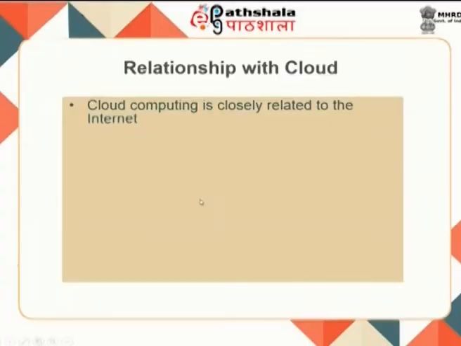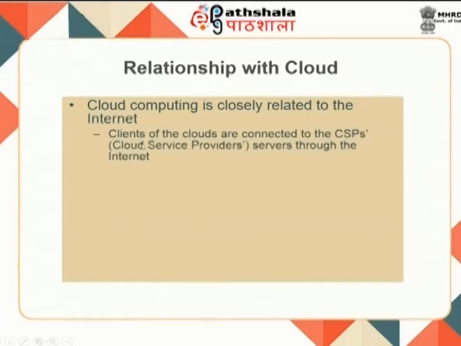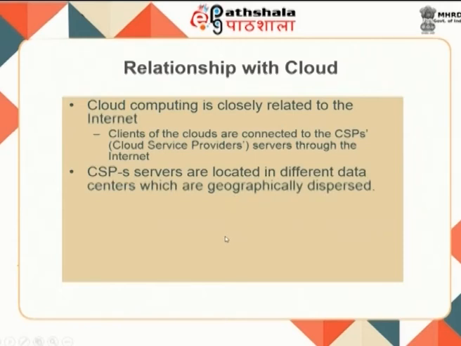Its close relationship with the internet is that the clients connect with the service providers using the internet, and also the service provider's servers may not necessarily be located in one data center. Typically, a cloud service provider develops data centers which are geographically dispersed.